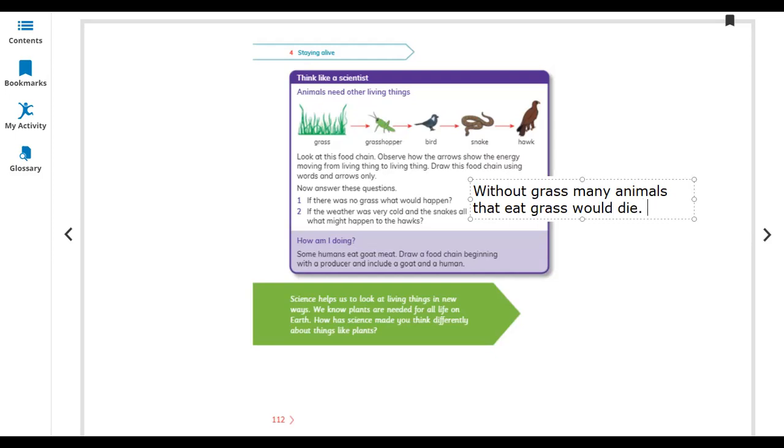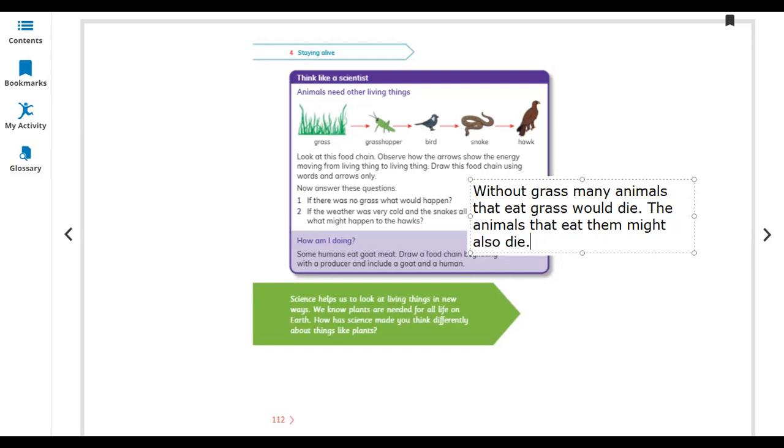So the other animals that are eating those animals are also finished. So the other animals also die. So without grass, what happened? The animals eating grass go hungry or die, and also the other animals like hawk and snake also die if there is no food for them.